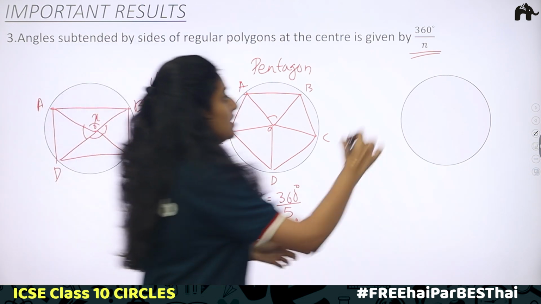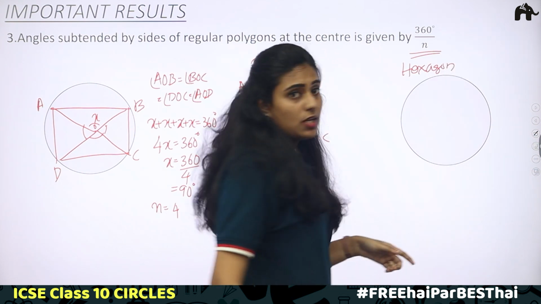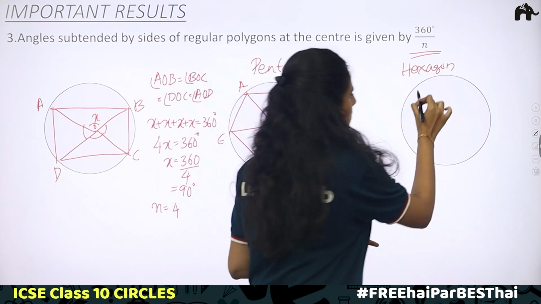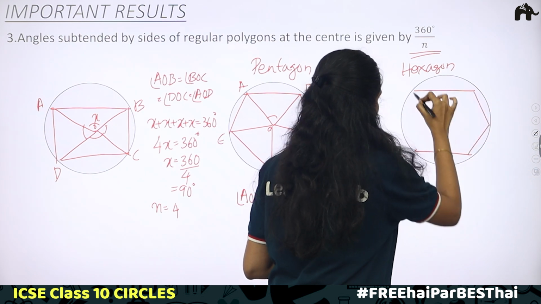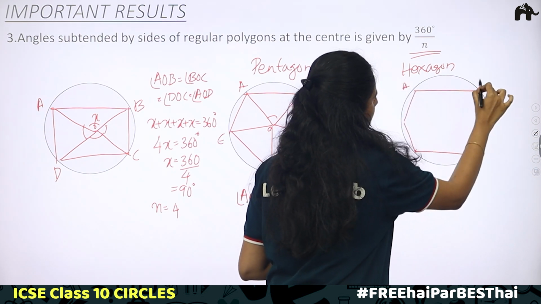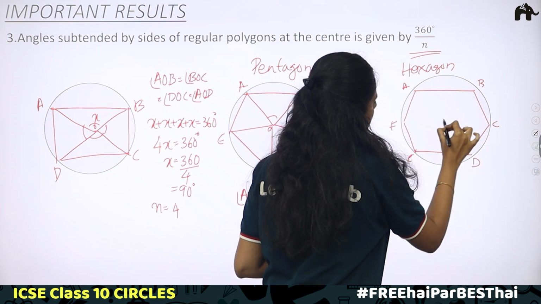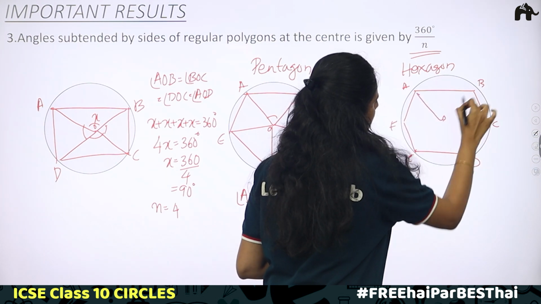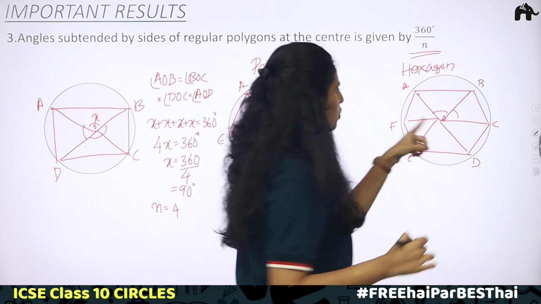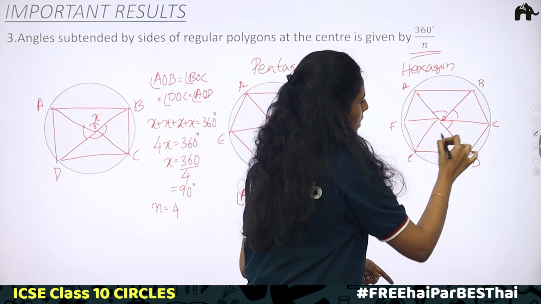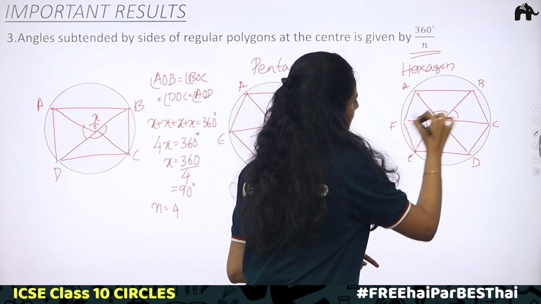Now, if I am taking the case of a hexagon, a hexagon we know is a regular polygon with 6 sides. Okay, here we'll take a hexagon. This is a hexagon A, B, C, D, E, F. This is center O. We will be having angles AOB, BOC, COD, DOE, EOF and AOF.